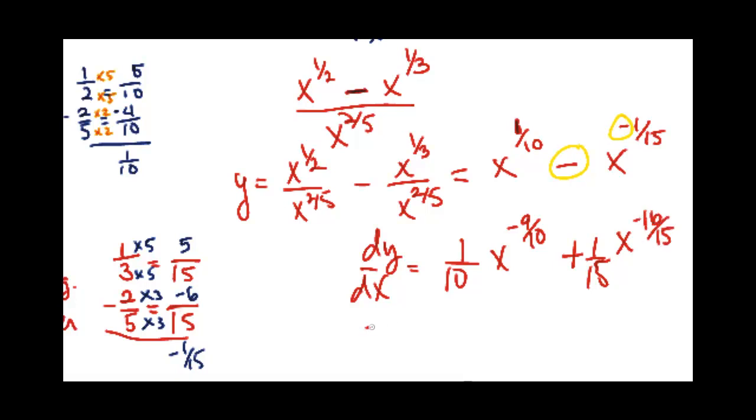Both of those have negative exponents, so I'll bring them down and make it 1/10 x to the 9/10 plus 1/15 x to the 16/15.